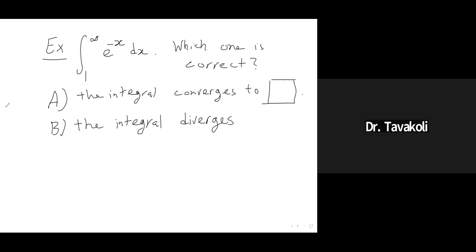So, by definition, this integral is the limit as b tends to infinity of the integral from 1 to b. Just replace infinity by b, and then at the end let b tend to infinity, of e to minus x dx.